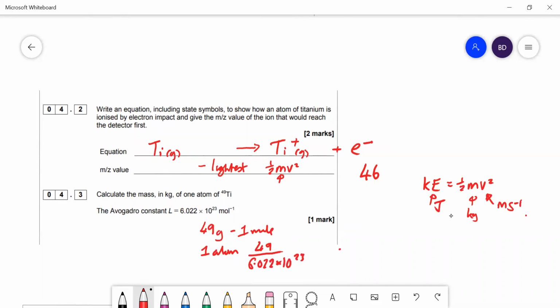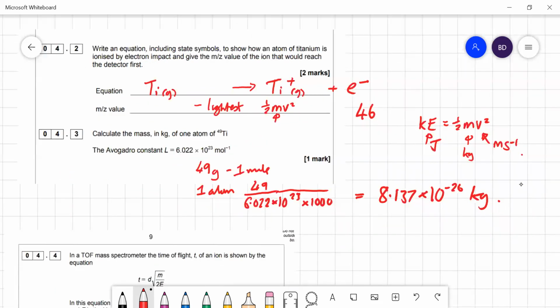That's going to give us the answer in grams. We want the answer in kilograms, so we've got to divide it by 1,000. So put that over 1,000, and the answer there is 8.137 times 10 to the minus 26 kilograms. Okay. Now, let's move on to the next bit.